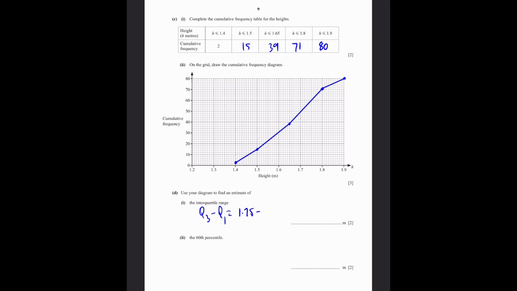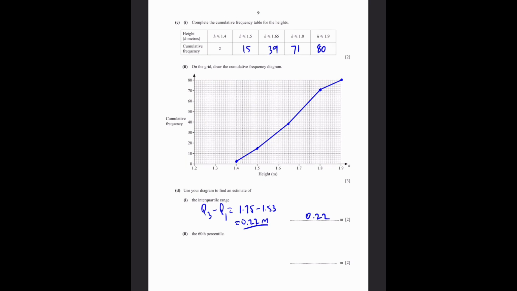Then minus 25%, that's quartile 1. That'll be 20, which reaches at 1.53, which is equal to 0.22 meters. That's the answer.